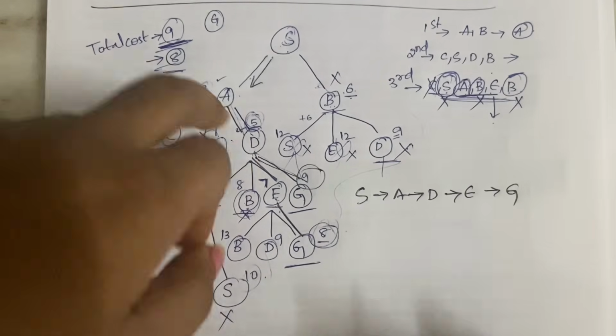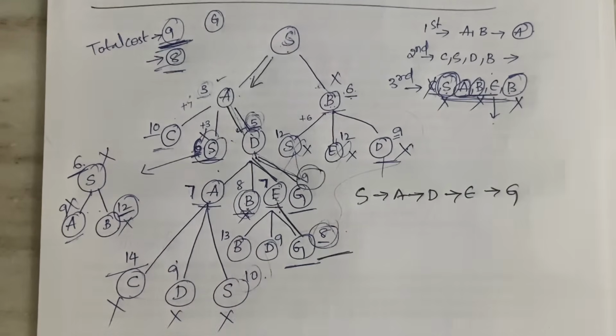But here we got 8. So we are picking this way so that we are reaching our goal with least cost optimization, right? You have to search for least cost.